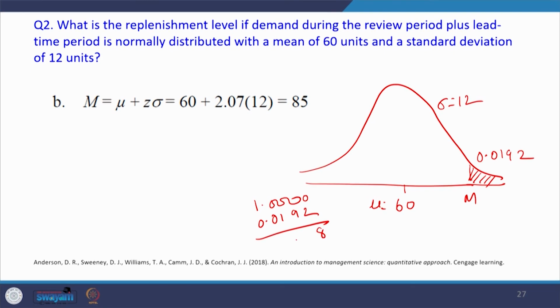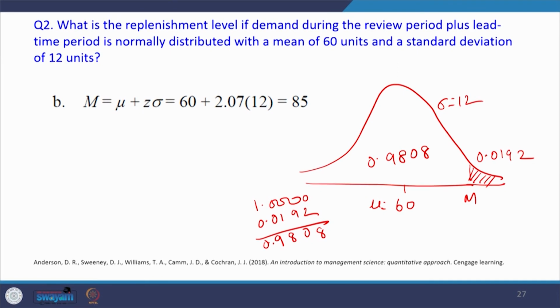This will be 0.9808. So, if the left side area is 0.9808, we should know what is the m value.